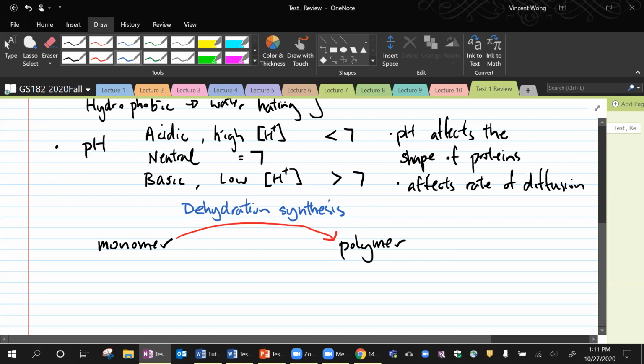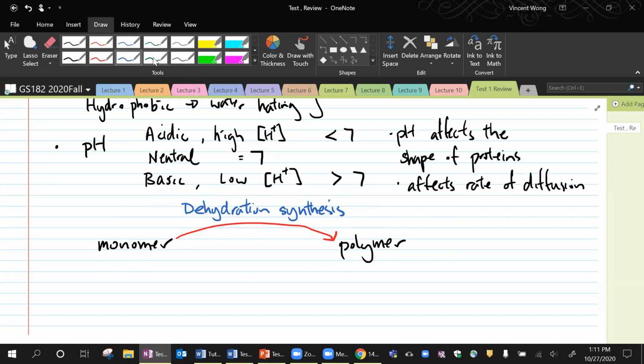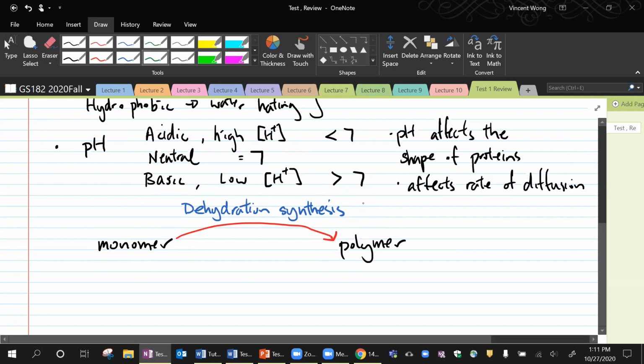Based on what we learned in metabolism, linking monomers to form polymers is going to require energy. That is part of anabolism, and it requires ATP.